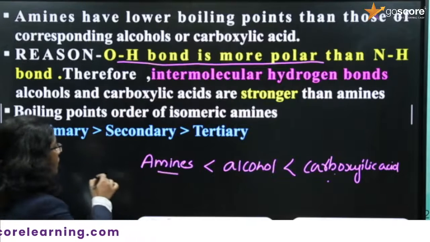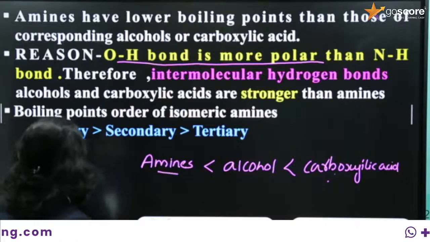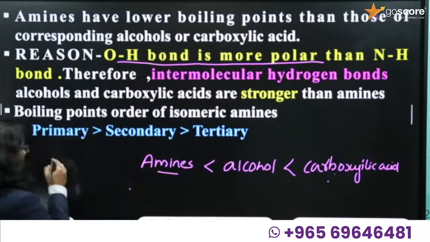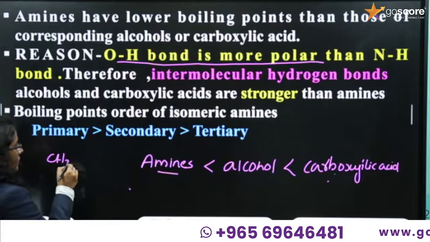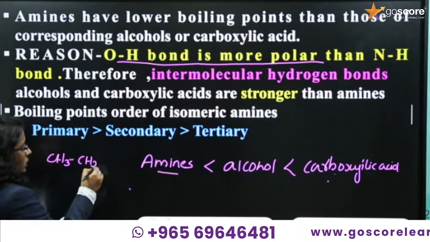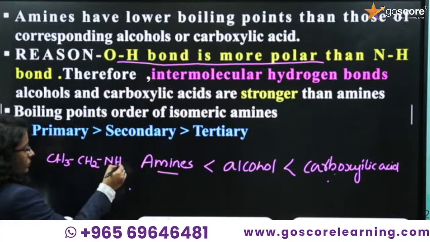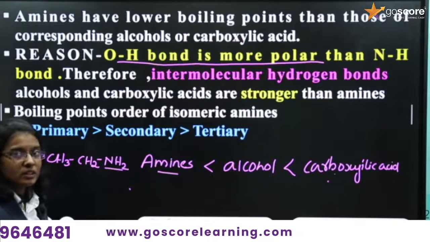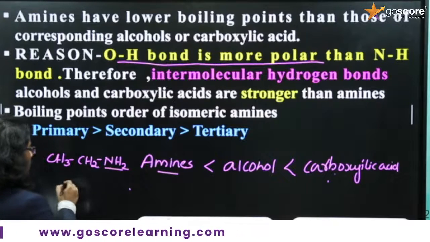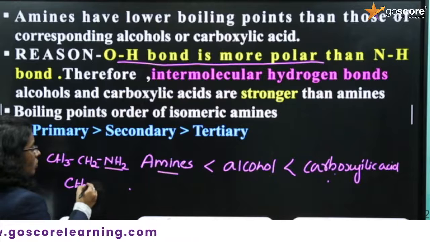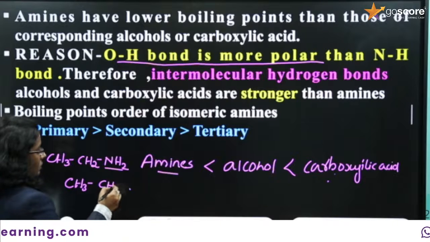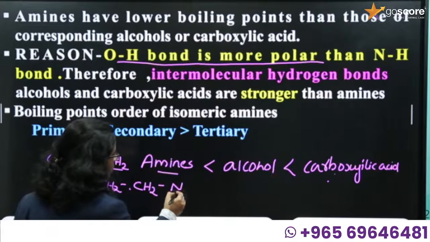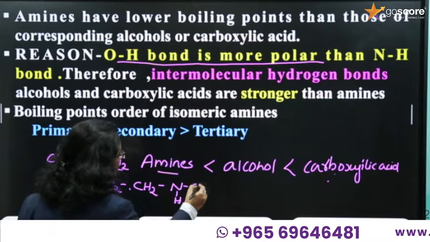So if you consider the boiling point order of isomeric amines, if you consider a primary amine, that is CH3CH2NH2, here there are two hydrogens, so there will be hydrogen bonding. If you consider a secondary amine, there is only one hydrogen, so the intermolecular hydrogen bonding will be less.